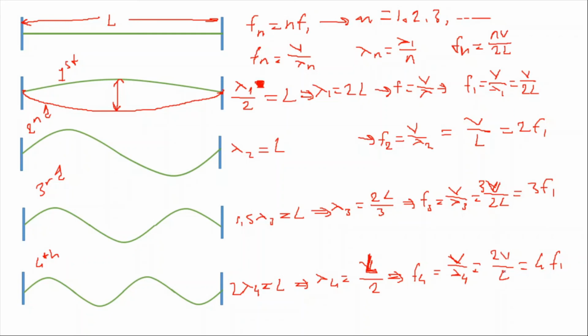This is equal to 2V over L. So once you multiply this one with 1, 2, 3, 4, if you multiply with 1, we are going to get F1. Let's multiply this one with 2, we are going to get V over L. Let's multiply with 3, we are going to get 3V over 2L. So this formula is also valid. Now we are going to use these formulas to calculate some problems, some questions.